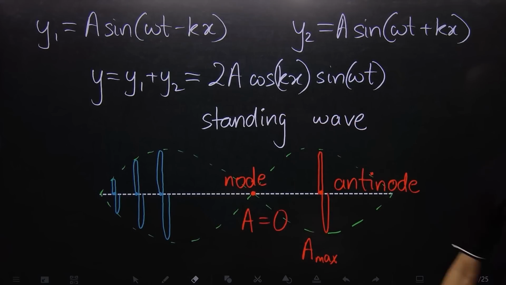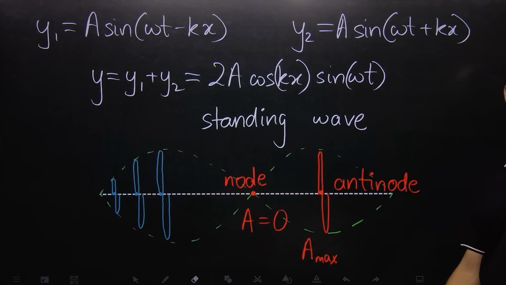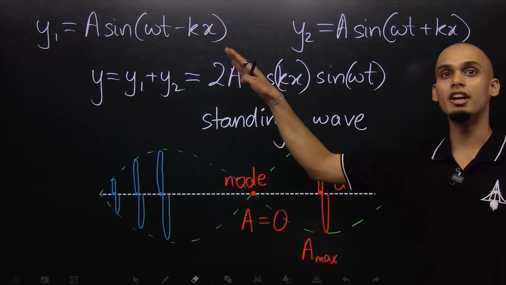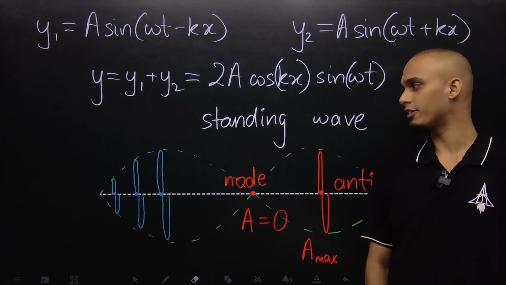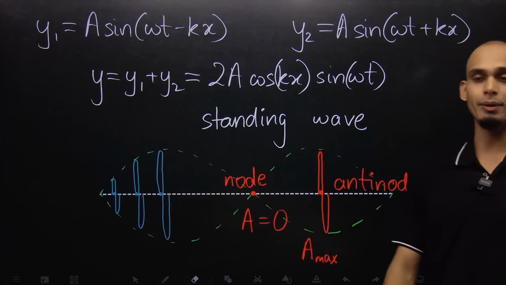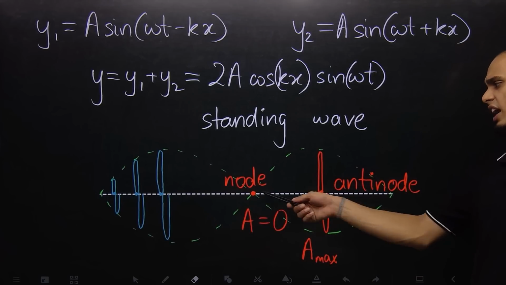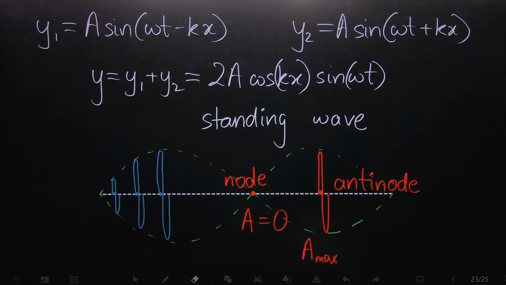The amplitude is changing with the position of the particle in the x-axis. So the entire string will oscillate in phase, but we'll observe that some particles have a higher amplitude than the other particles. The particles with zero amplitude that will not even oscillate are known as nodes, and the particles with maximum amplitude are known as antinodes.